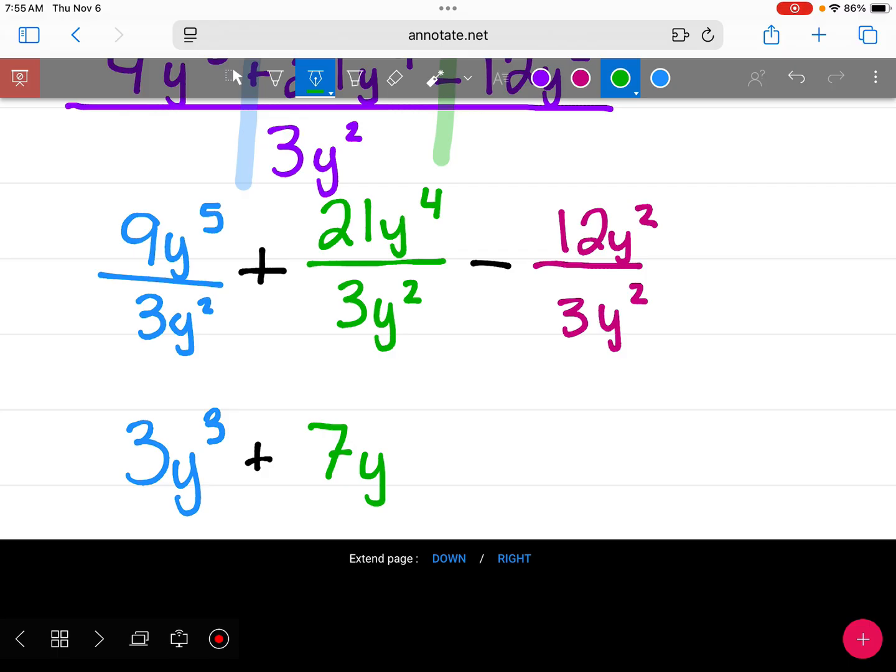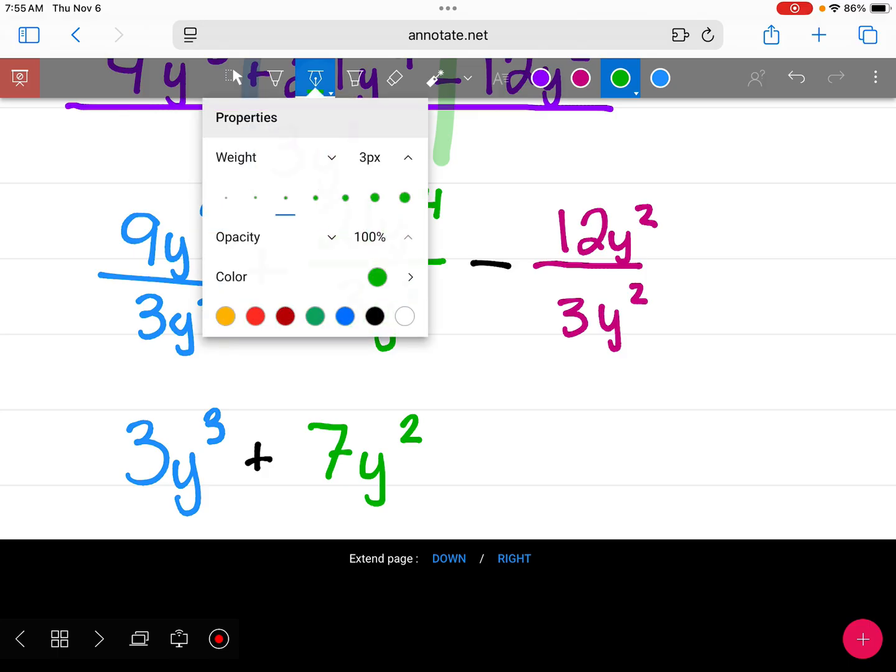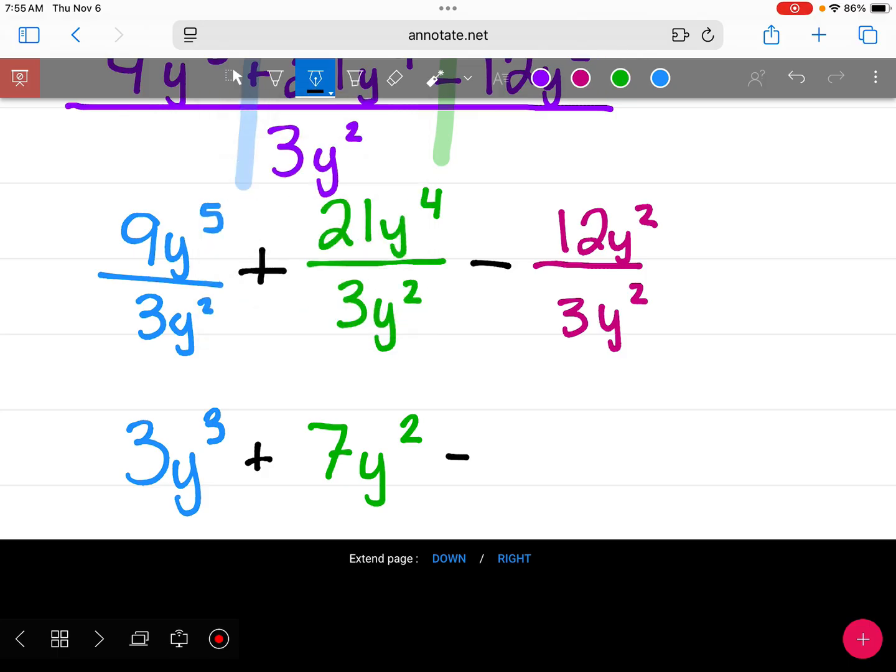It's going to leave us with y to the what? 2. 4 minus 2 is going to give us that 2. And then our last one, the pink one. What about 12y squared over 3y squared? What do we get? 4.